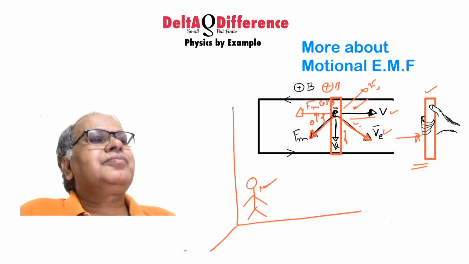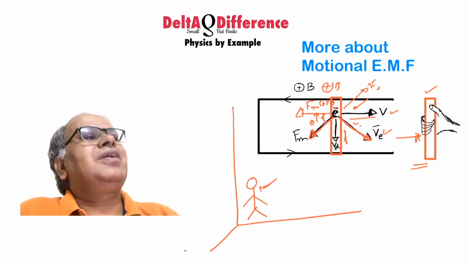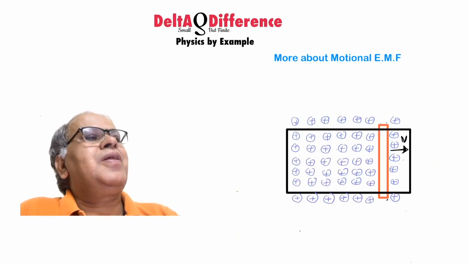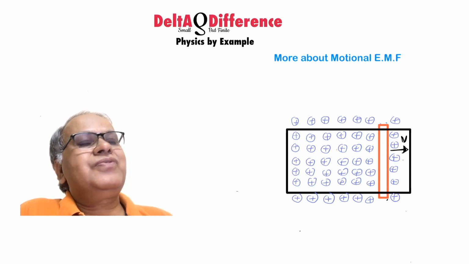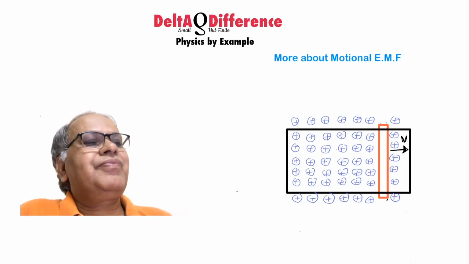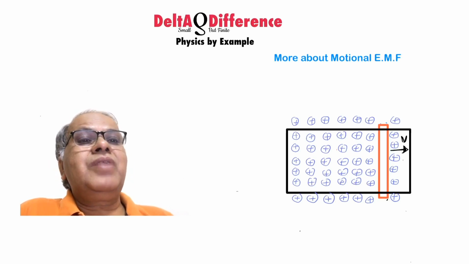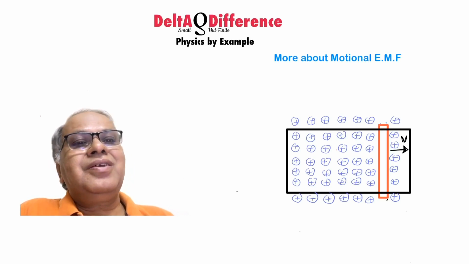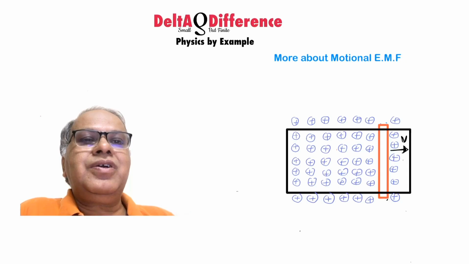Okay, but what about the previous one? In that case, how do you understand the previous one? It's a question of changing the reference frames. The first explanation, V cross B dot dl, we derived it and we said that is EMF, but we had trouble there in convincing ourselves that this magnetic force is doing work.